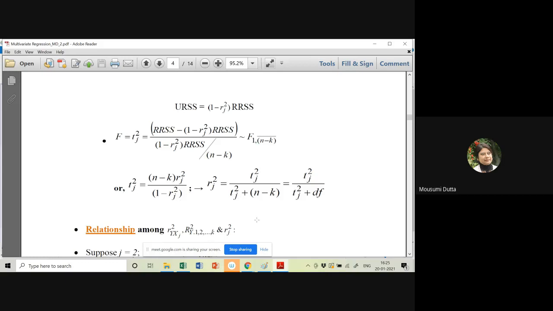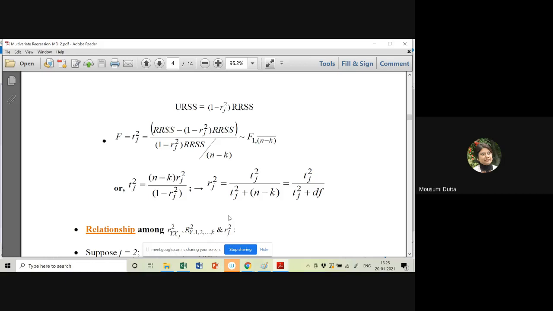So there is a famous relationship between r square and t square: r square is equal to t square by t square plus degrees of freedom. Remember, in multiple regression, this r square is the partial r square. While we discuss this relationship for a two variable analysis, it doesn't matter whether we are talking about simple, partial or multiple correlation, because all the concepts are identical in a two variable analysis.